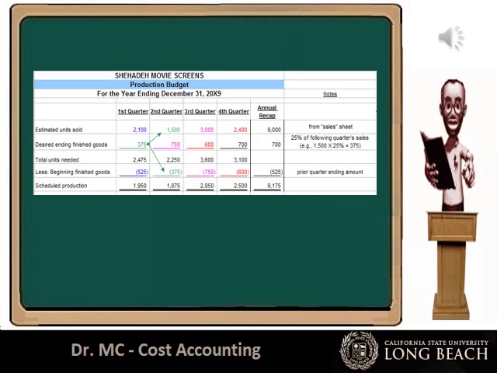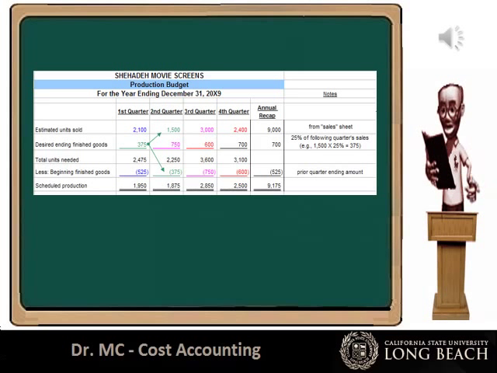Take a good look at the setup of this budget. It comes in handy when answering questions on budgeting. You start with the number of units that your firm is going to sell. You need to have that many units. On top of those units, your firm also wants to have extra units on hand with which it can start the next quarter. This is the ending inventory.